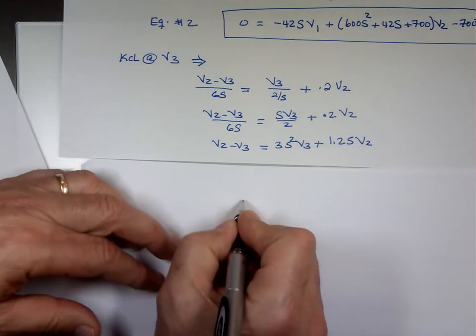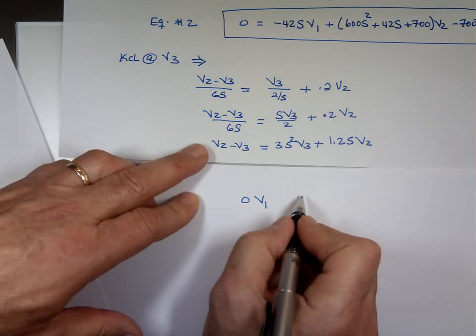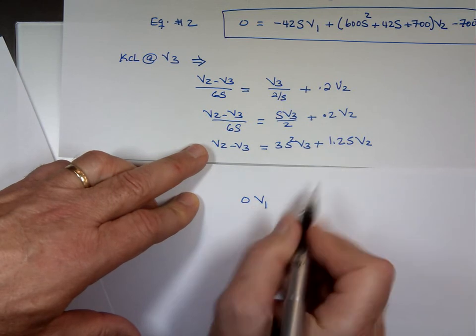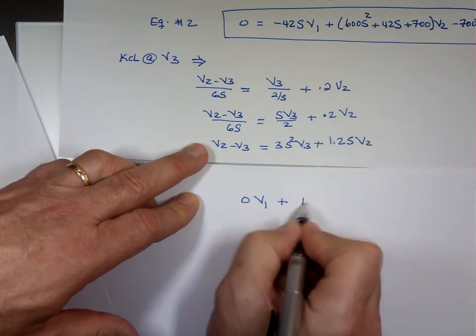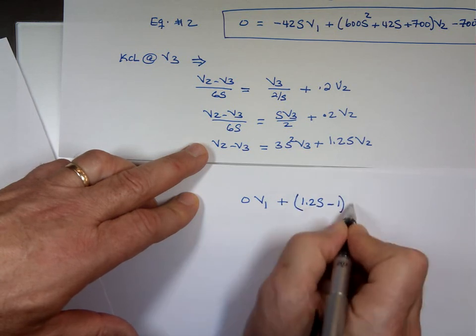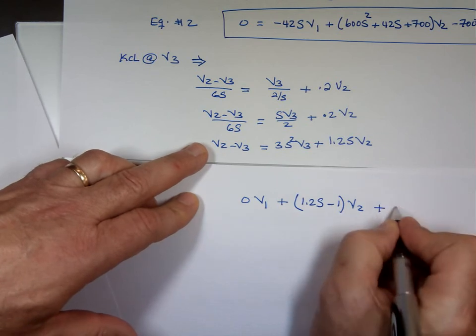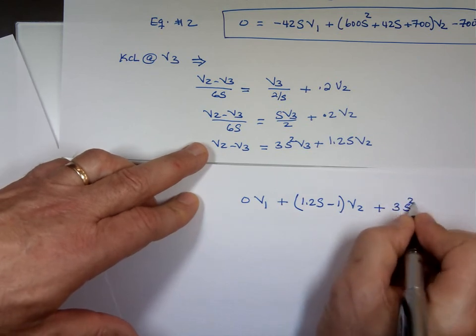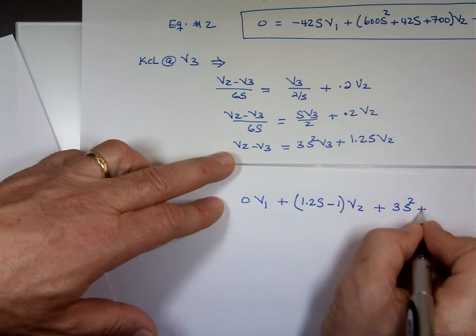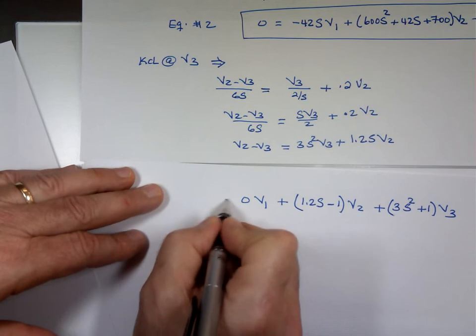V2, what do we have? If I bring this one to this side, it will be plus 1.2S minus 1 V2, and V3 will be what? 3S squared plus 1 V3 equals 0. And that's my equation 3.